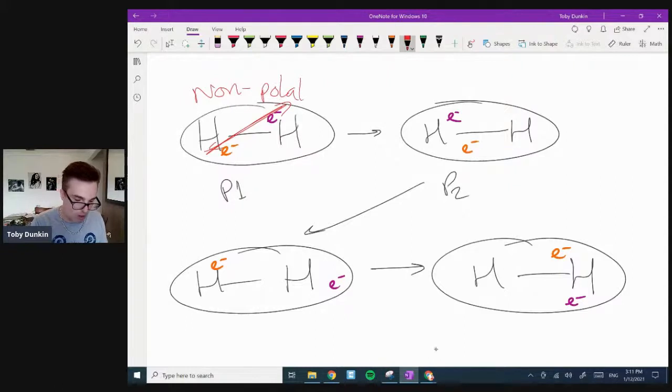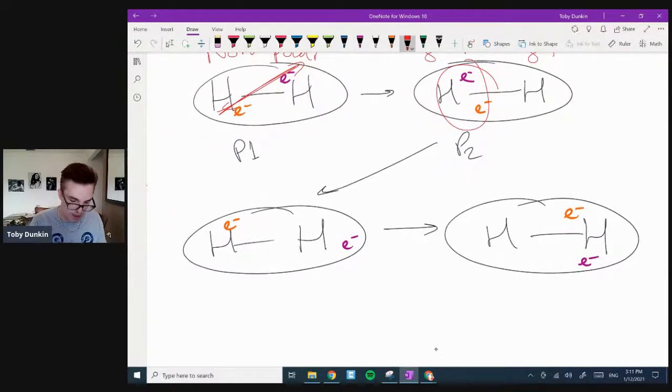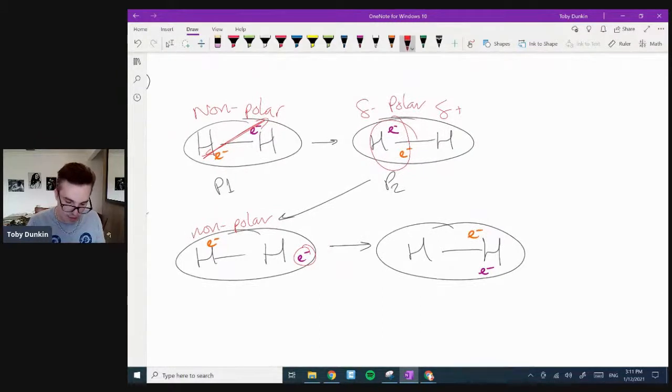But now, when the electron moved, the two electrons are living more on this side. I'm going to get a polarity. I'm going to get a slightly negative and a slightly positive here. In the next picture, the purple electron moves to the other side, and the polarity now disappears. It becomes non-polar again. But then in the next one, the electron jumps, and we end up seeing a polarity. This side is now slightly negative, and this side is now slightly positive.